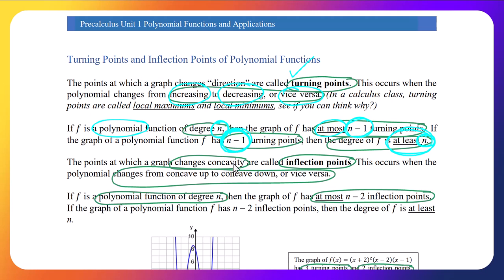When we change concavity, we get an inflection point. It goes from concave up to concave down, or concave down to concave up. And there are at most 2 less than the degree inflection points.